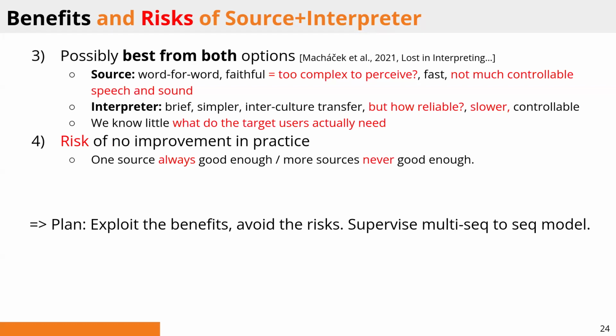It can be too disruptive. So the interpreters usually talk more briefly and simpler than the original, because they also need to catch up. And they simplify the message. They also sometimes apply intercultural transfer that is very tricky or difficult to apply on the original source.